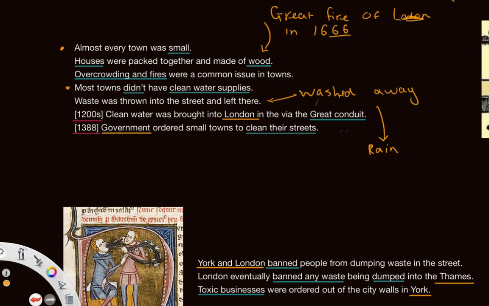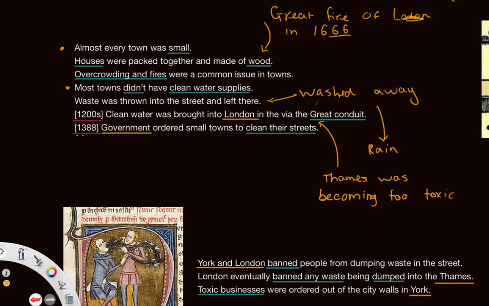This was because people saw that the Thames was becoming too toxic. So they needed to find a way to get rid of waste and also bring clean water in, and they used the Great Conduit.